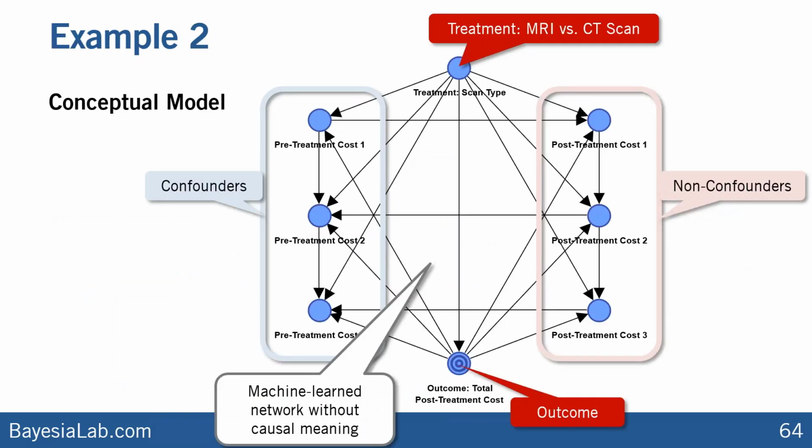So here is the conceptual model, just with three cost variables, pre-treatment and post-treatment. In the real example, we have hundreds of them. So here I'm just showing three symbolically, if you will. And all the pre-treatment costs we are considering as confounders.